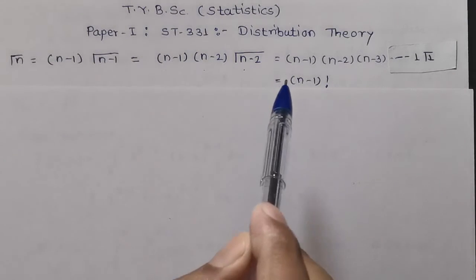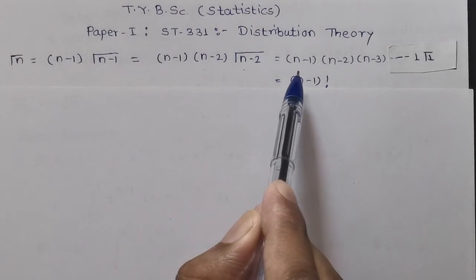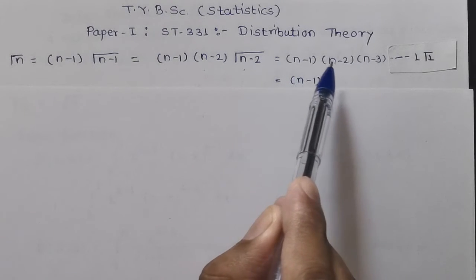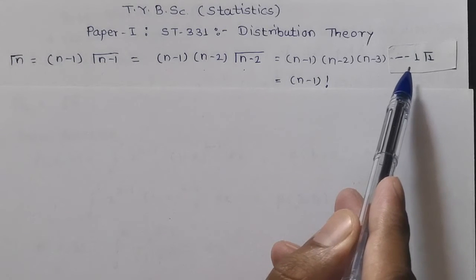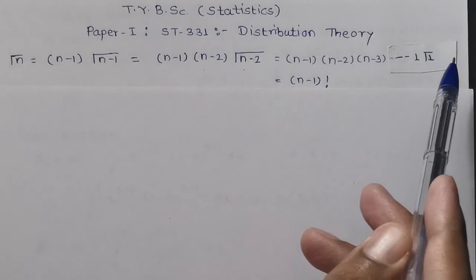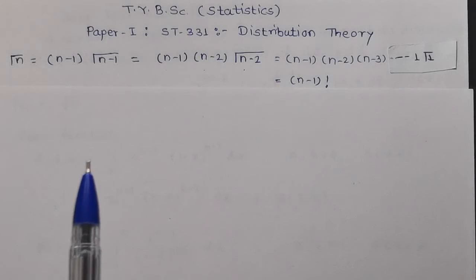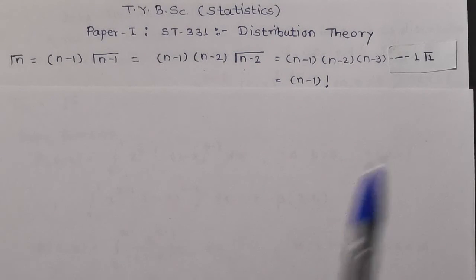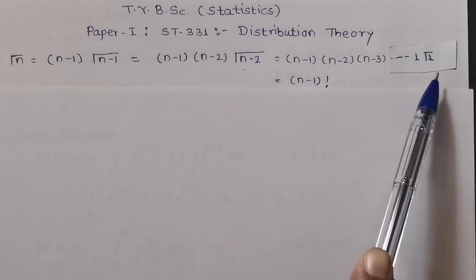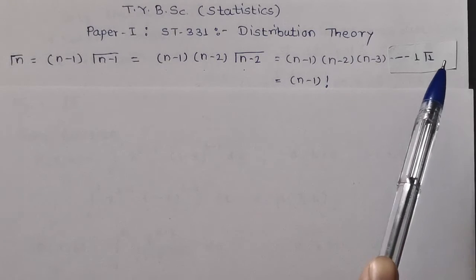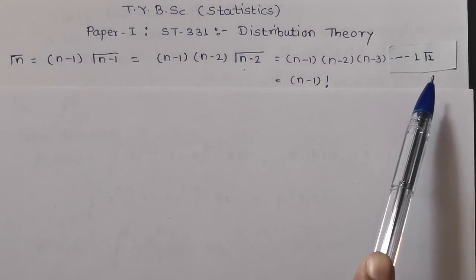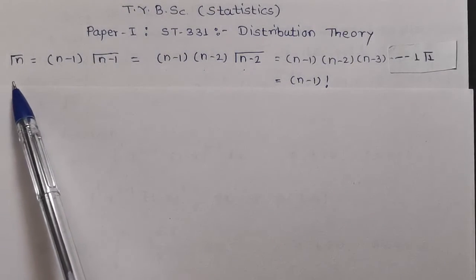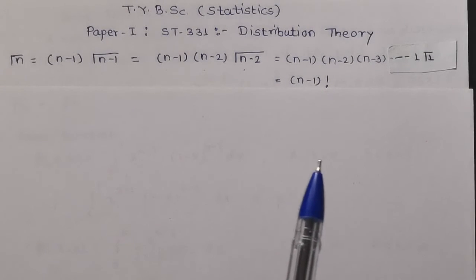In this way, we can write n minus 1 into n minus 2 into n minus 3 and so on, 2 into 1 into gamma 1. We know that gamma 1 is equal to 0 factorial and 0 factorial is nothing but 1. Therefore, gamma n is n minus 1 factorial.